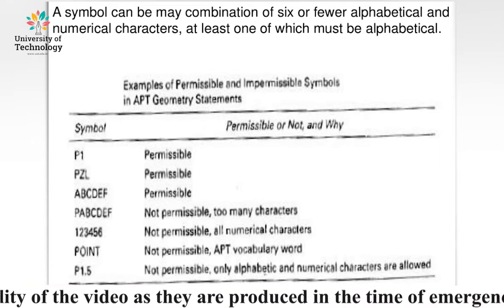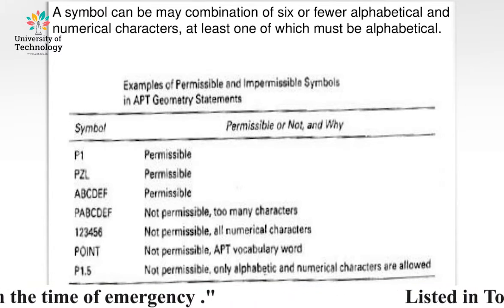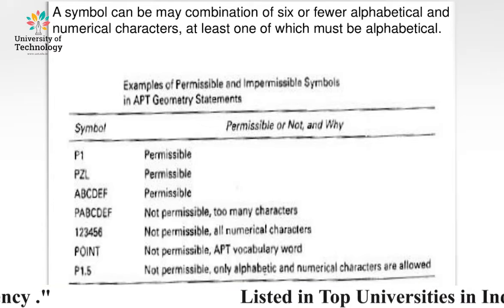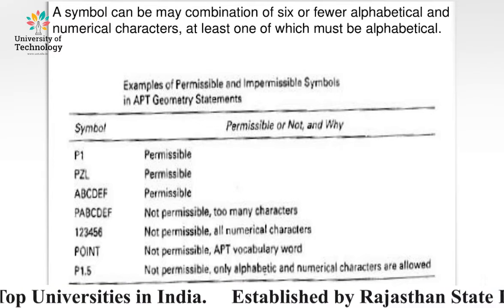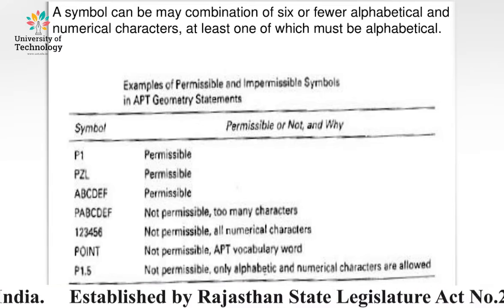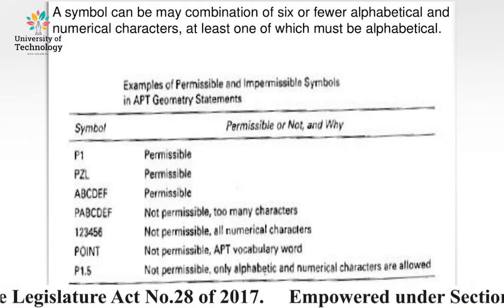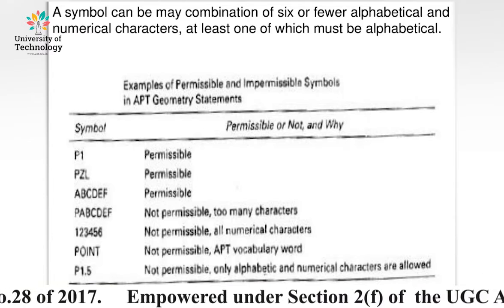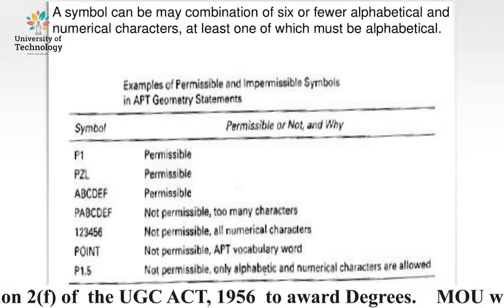The maximum is 6 characters in APT language; 6 or fewer letters are permissible, and above 6 are not permissible. Vocabulary words are only read by APT language. Other words are not permissible.